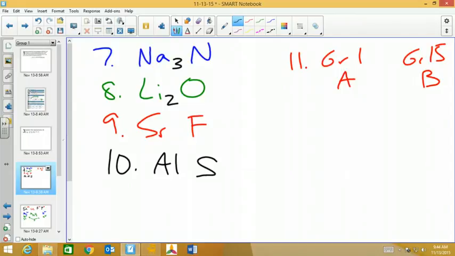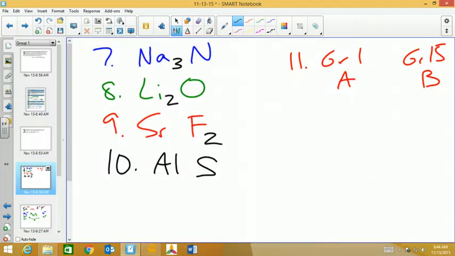Strontium. Strontium is plus 2, right? It's in group 2. Fluorine is a negative 1. So therefore, what's my SrF2? You got it. You see how that's different, Dylan?